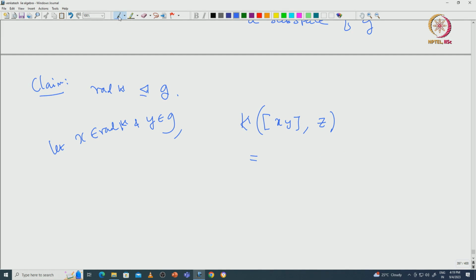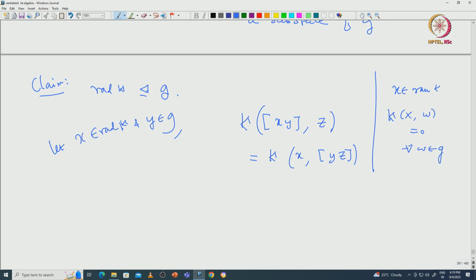So, the kappa of bracket x y comma z is the same as kappa of x comma bracket y z. Now, since this x is in the radical of kappa, you can see that kappa of x comma w is 0 for all w in G.